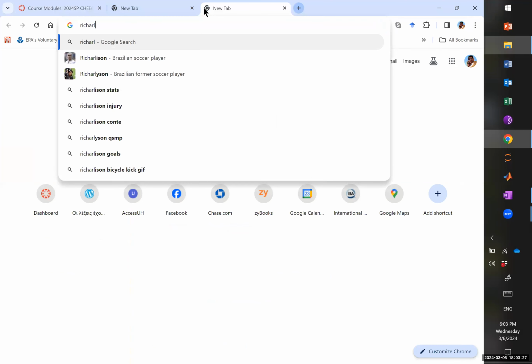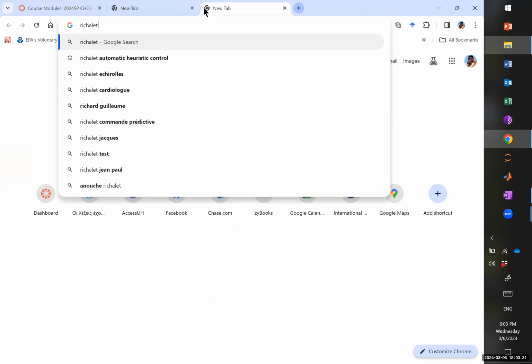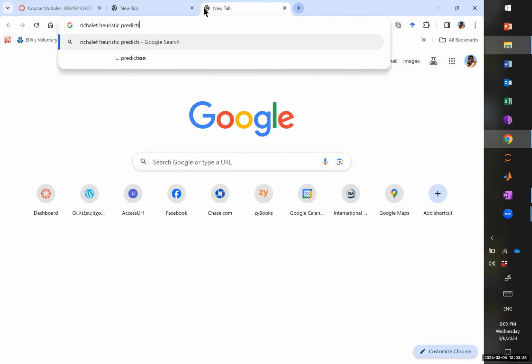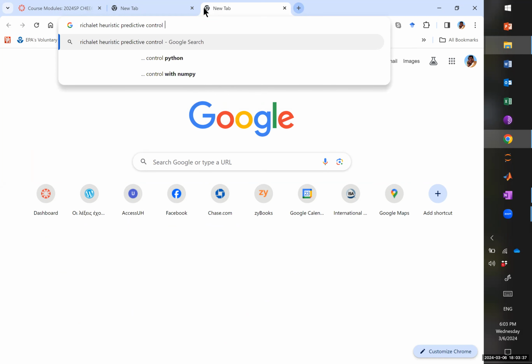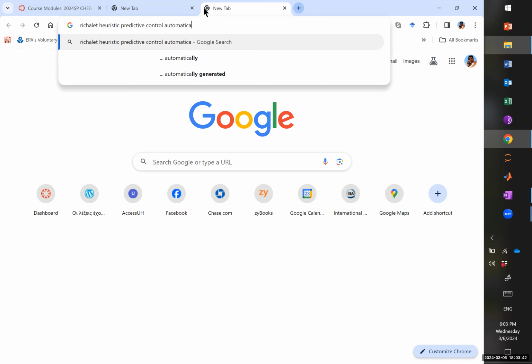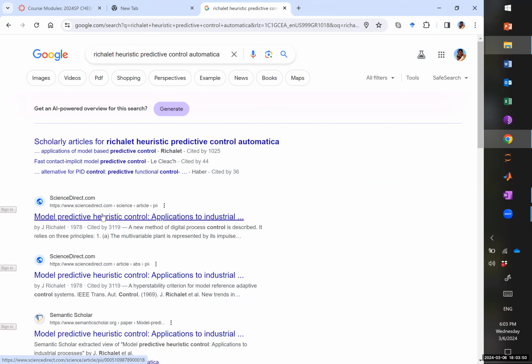Jacques Richalet, Model Predictive Heuristic Control, Automatica, published a seminal paper, which was a paper that introduced model predictive control.